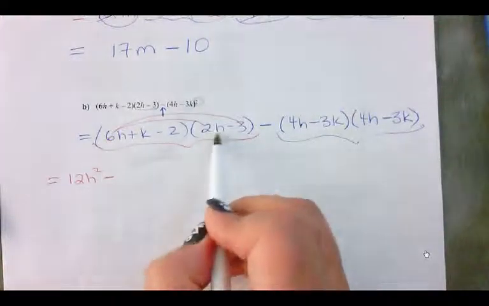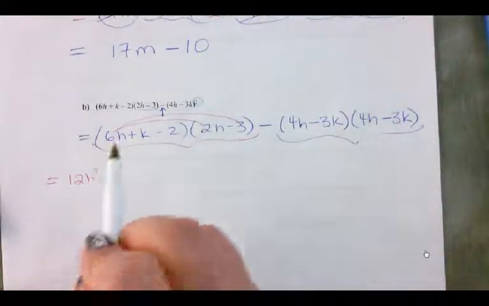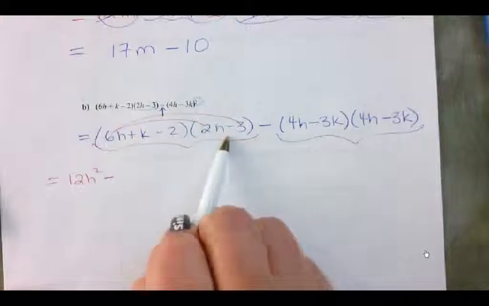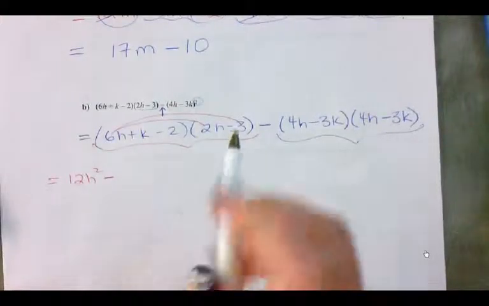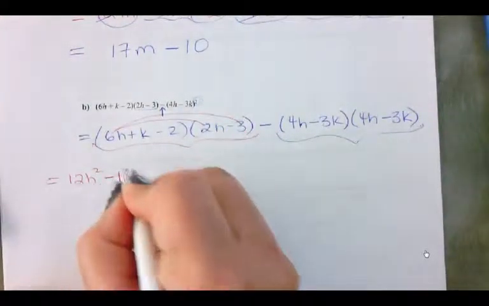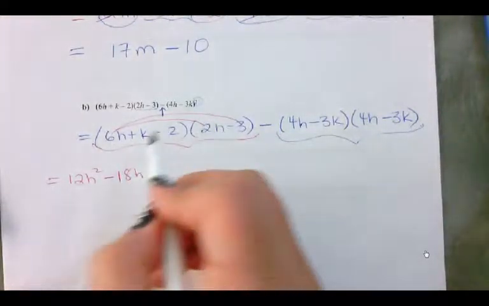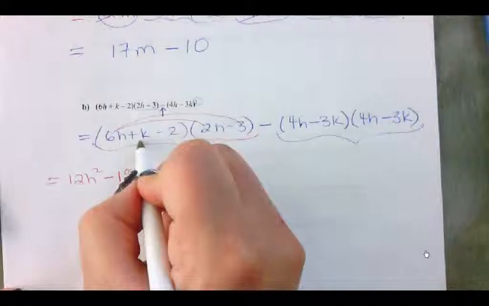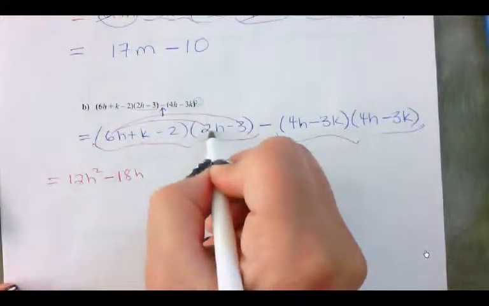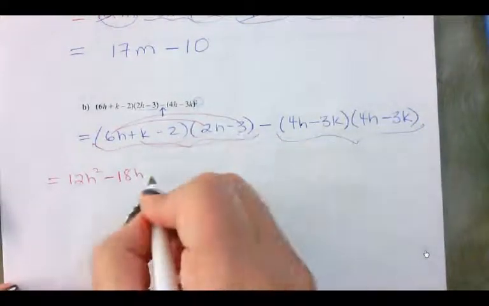So this times this is 12h squared. Now folks, what's 6h times negative 3? Just negative 18? Okay, and now the k times this and this.